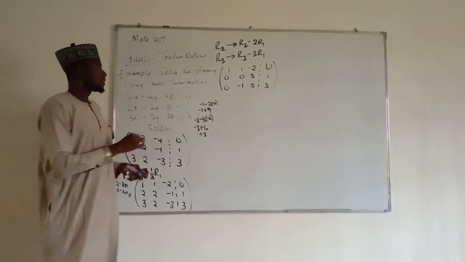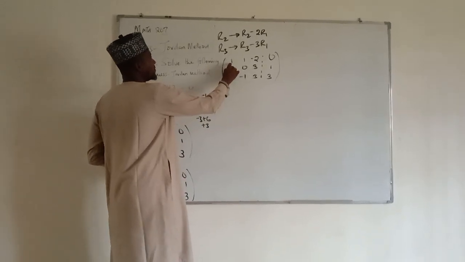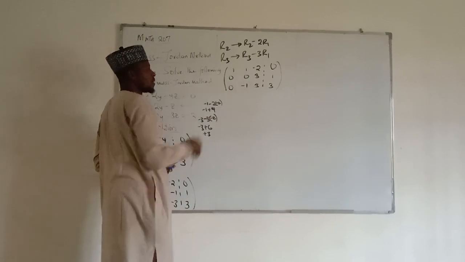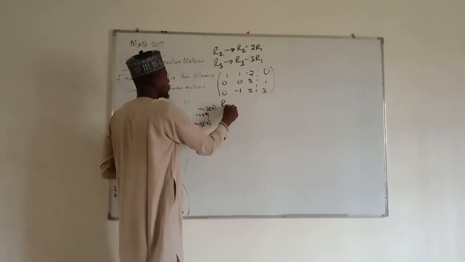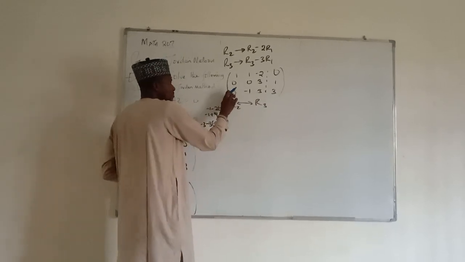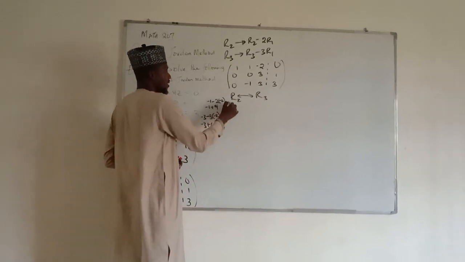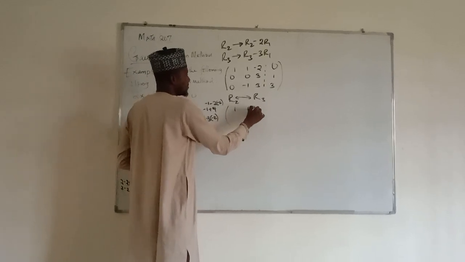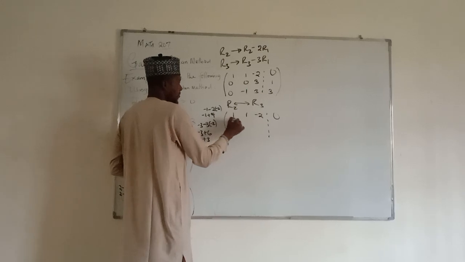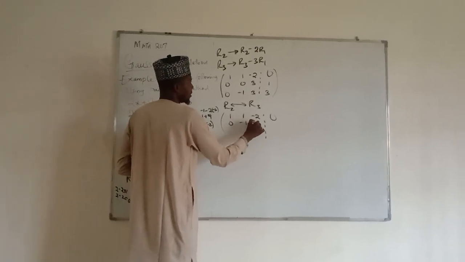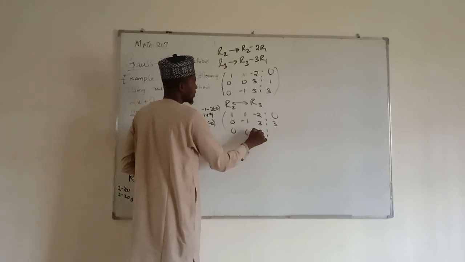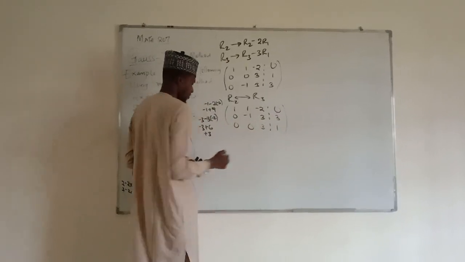All together. So now we have this first element to be 1. We want the next element to be 1. So let's swap, let this one come here. We have 1, 1, minus 2, 0. We have 0, minus 1, 3, 3, and 0, 0, 3, 1.